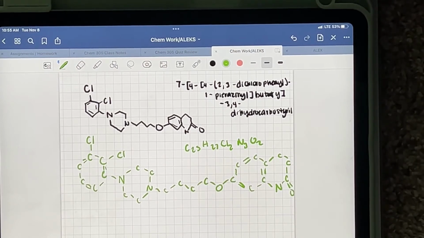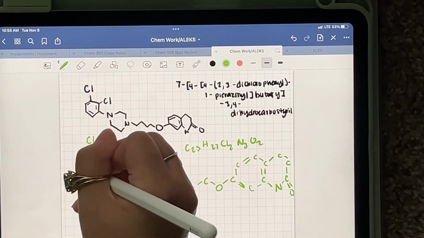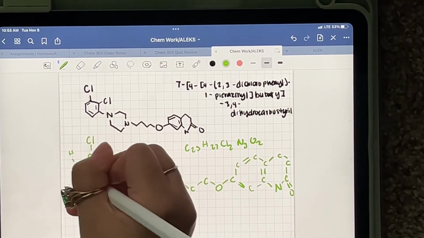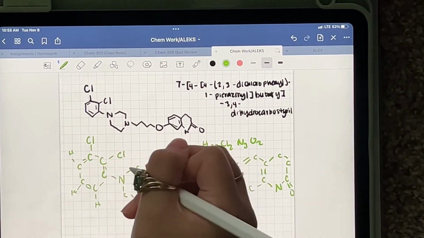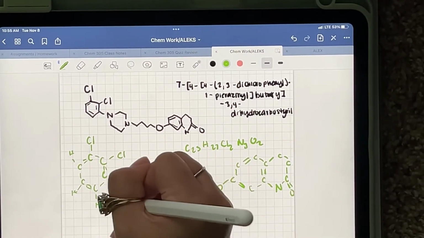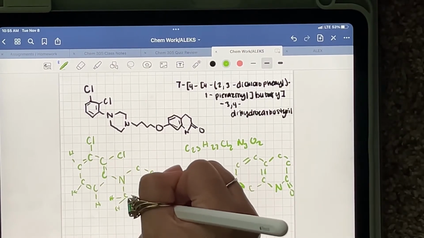So in order to do that, we add hydrogens in places. So right here, carbon has 3 bonds, so we add one more hydrogen. This one has 3 bonds, so another hydrogen, and then this one has 2, so we add 2 hydrogens. This one has 2, so we add 2 hydrogens.